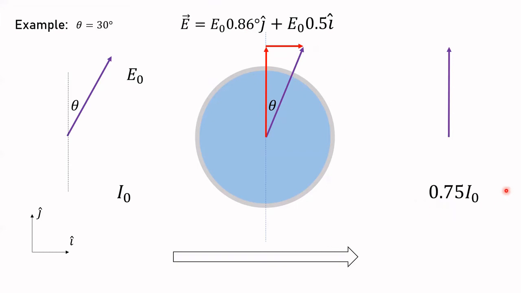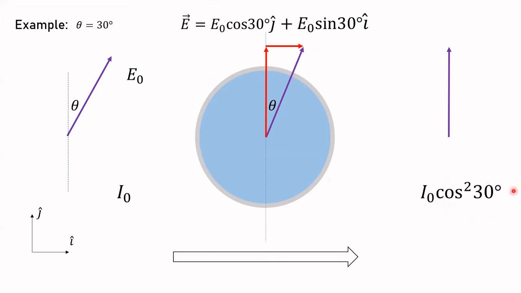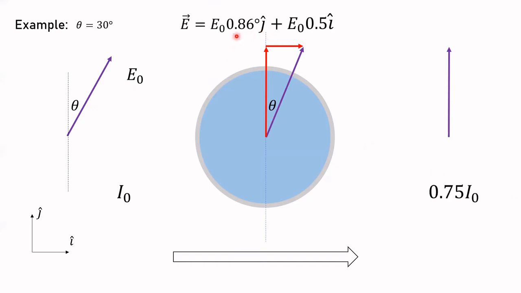And what have I done here? Well, cosine squared 30 would be the square of the cosine of 30. If the cosine is 0.86, then when you square that, you get this number. Okay, so for an angle of 30 degrees between the polarizer axis and the incident polarization direction, 3/4 of the intensity is transmitted. The output intensity is 75% of the incident intensity.